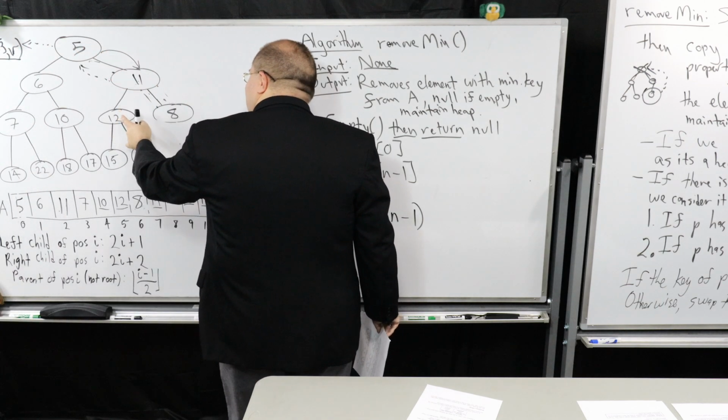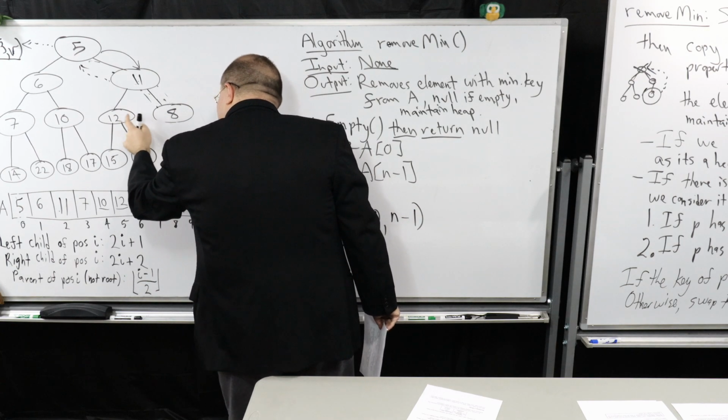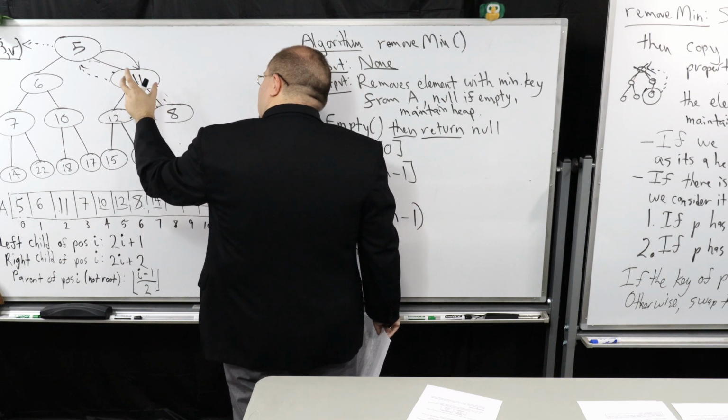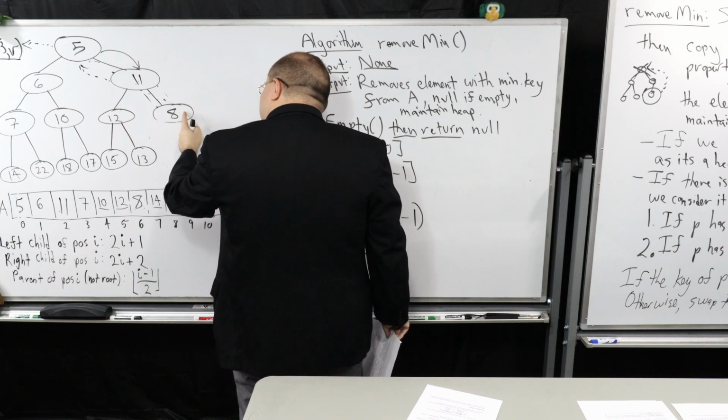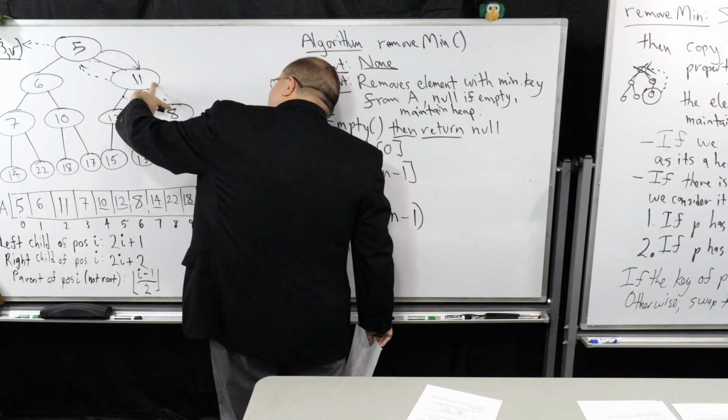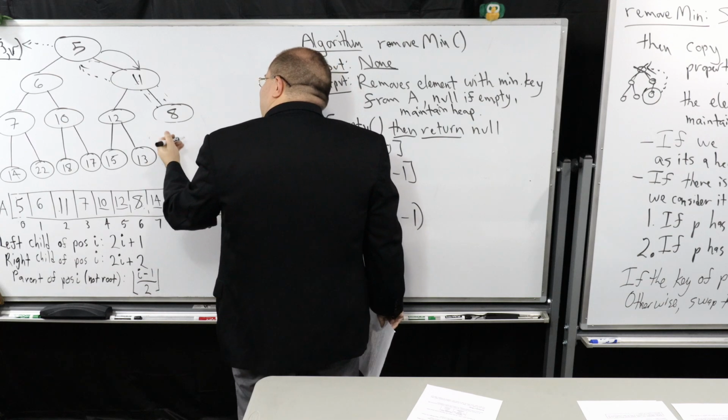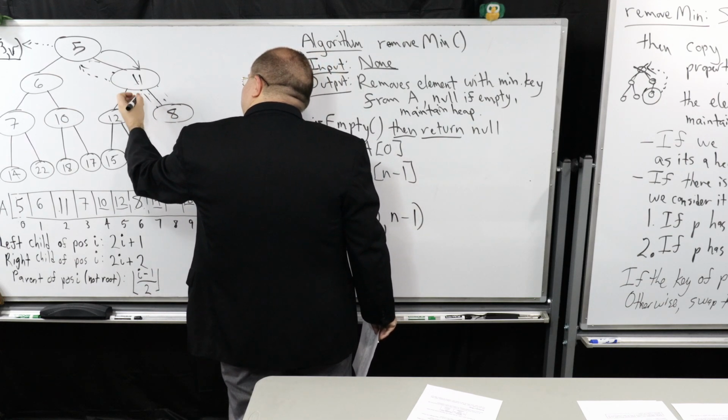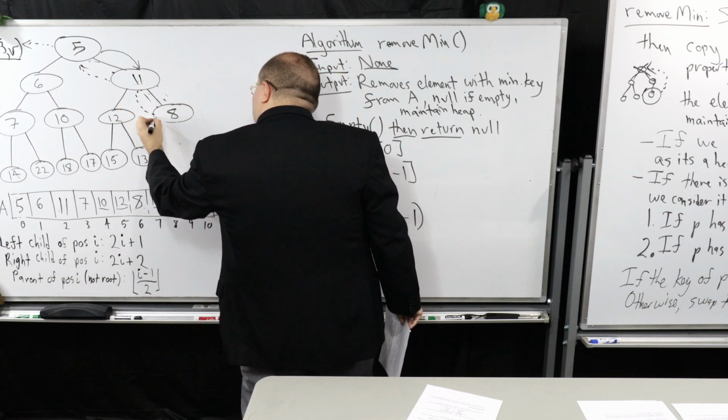So notice now I have another case. I have 2 children like this. I take the lesser of these 2 keys. It's the right child. I compare 11 versus 8. Oh yeah, 11's definitely much bigger than 8. So I'm going to swap these 2.